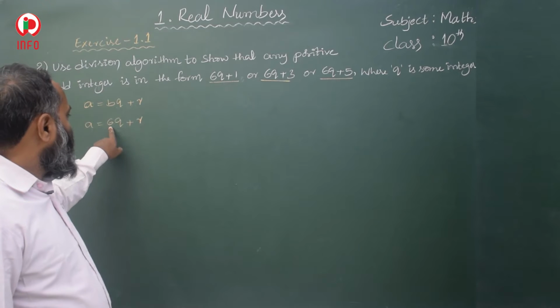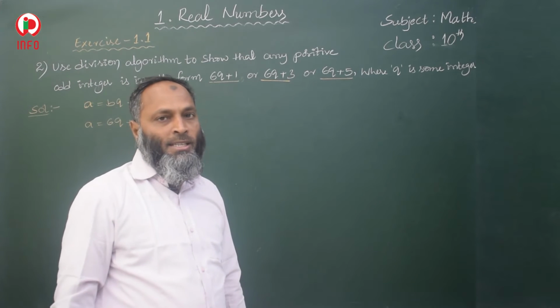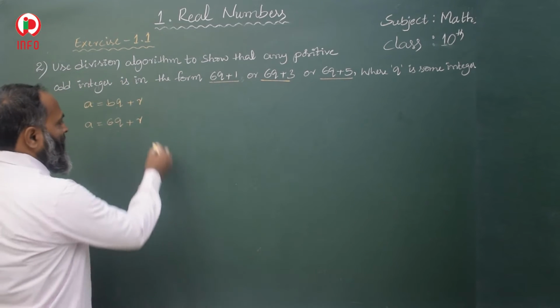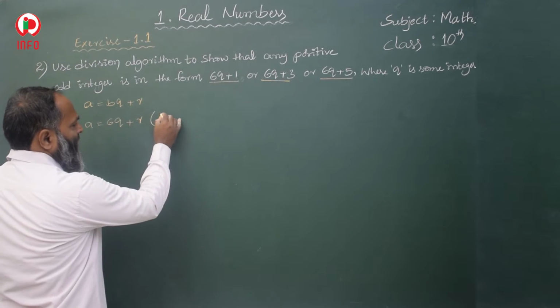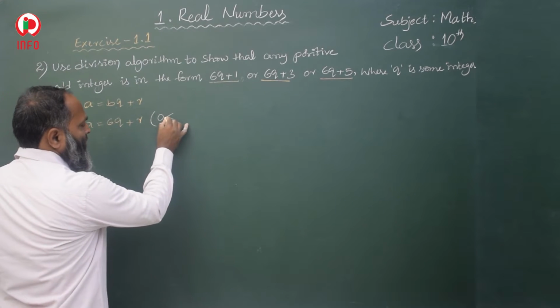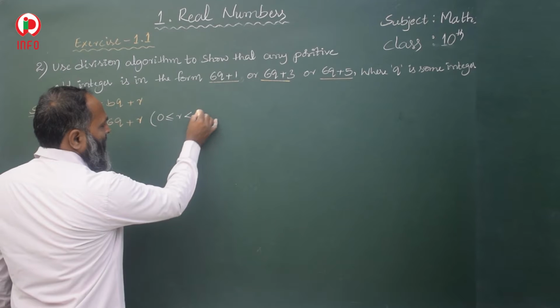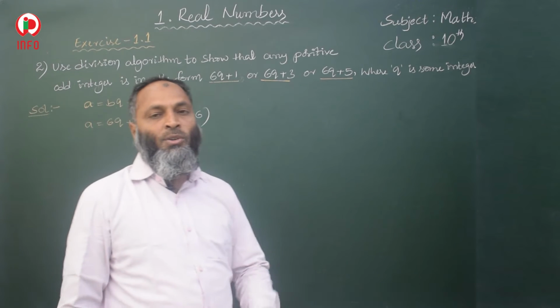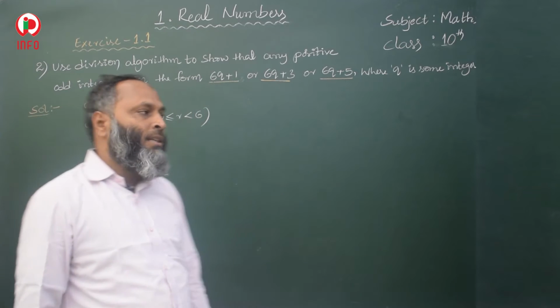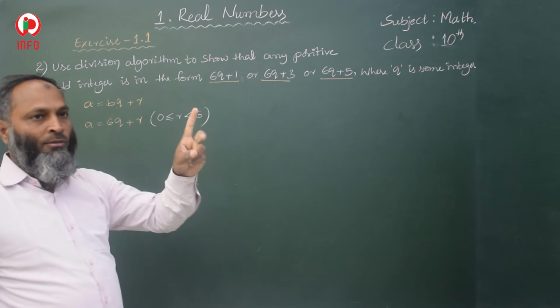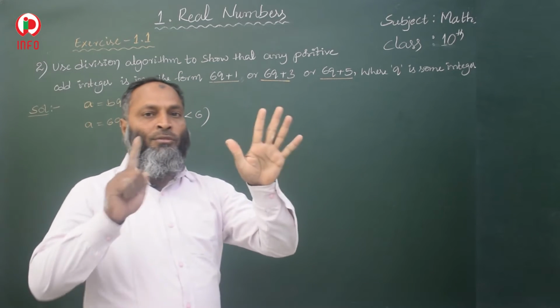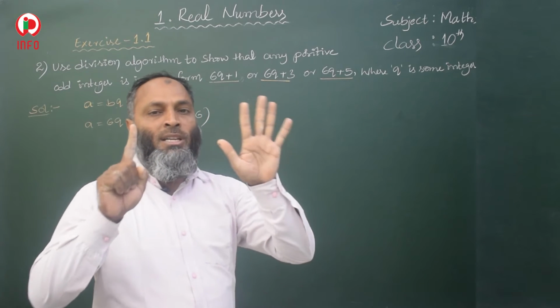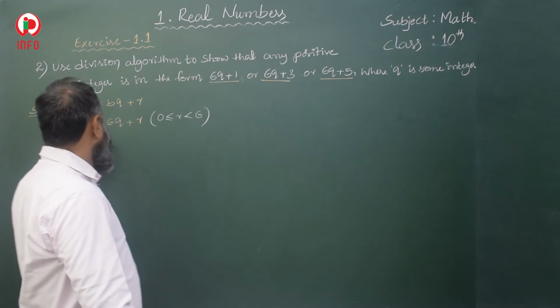Here the divisor is 6. When the divisor is 6, what are the remainders you get? The remainders you get are from 0 to less than 6. So 0, 1, 2, 3, 4, 5. Total 6 remainders you will get when we divide with 6.